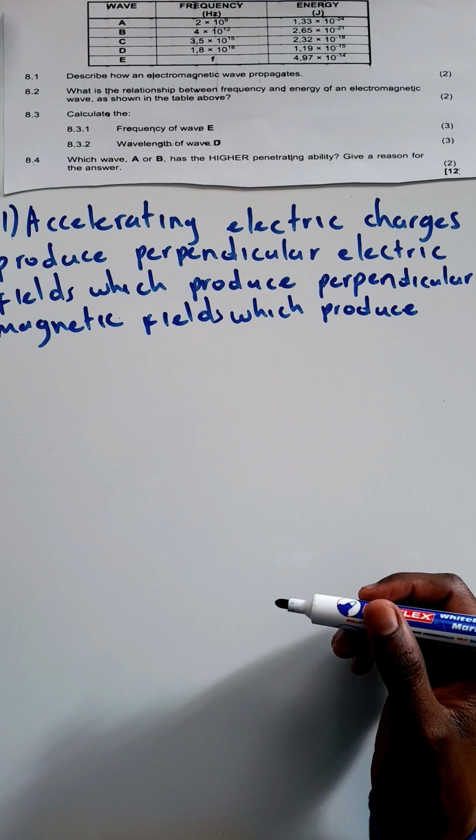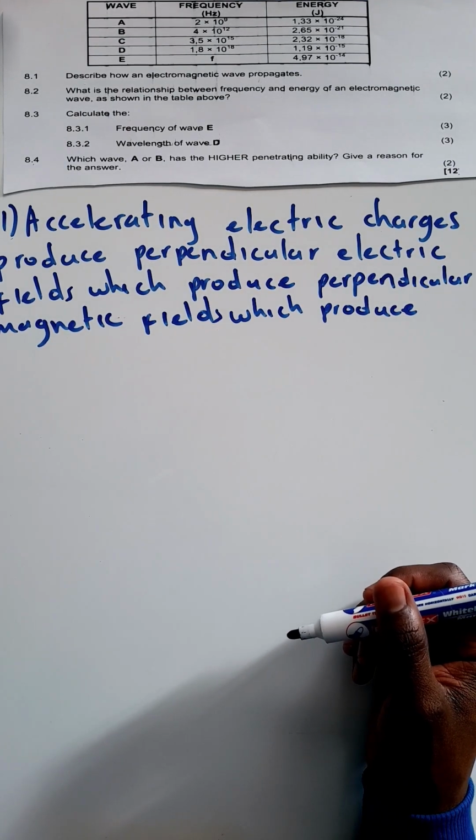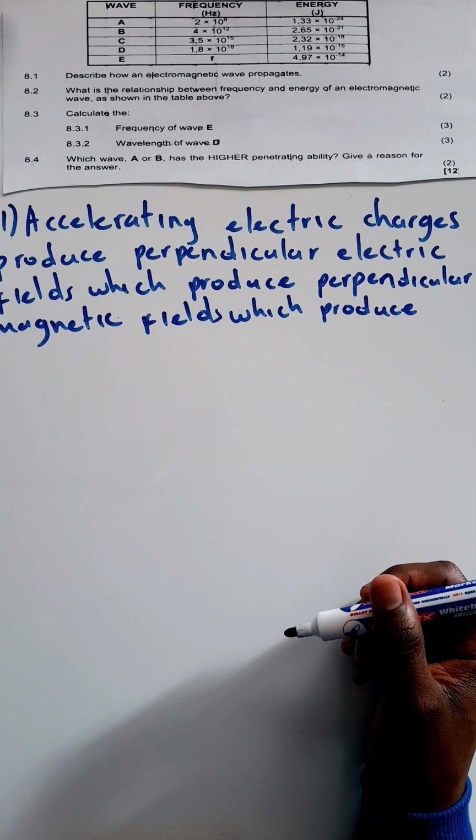An electromagnetic wave, a wave of changing electric and magnetic fields that are producing each other, propagates in that way.